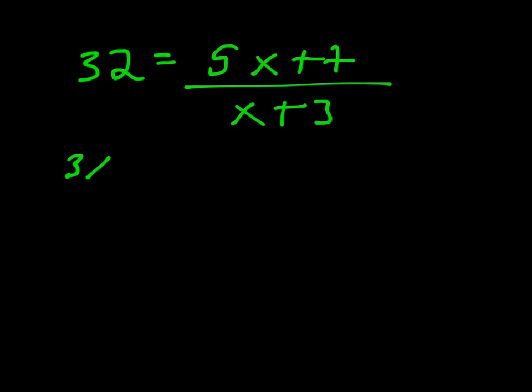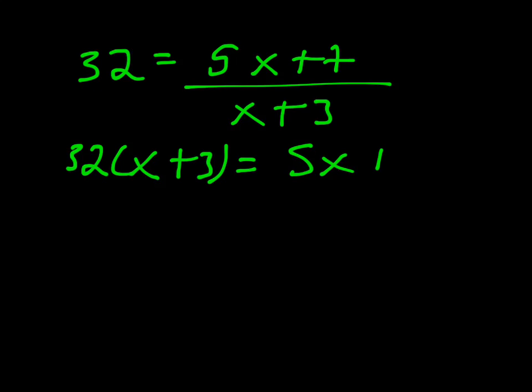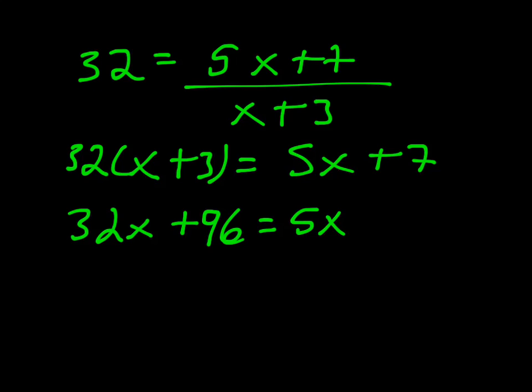So I have 32 times (x plus 3) is equal to 5x plus 7. Then I'm going to have 32x plus, and I don't want to make any mistakes in this video, 96, should have known that off the top of my head, is equal to 5x plus 7.